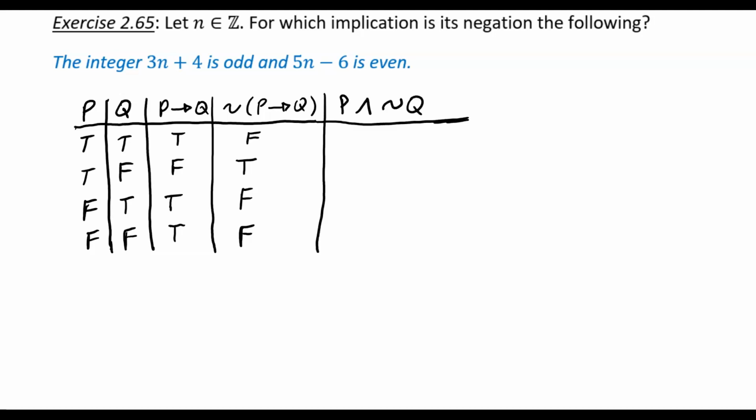Let's see if this statement is equivalent to P and not Q. P would be T, T, F, F. Not Q would be F, T, F, T. And joining these two using the word and: true and false would be false, true and true is true, false and false is false, false and true is false.